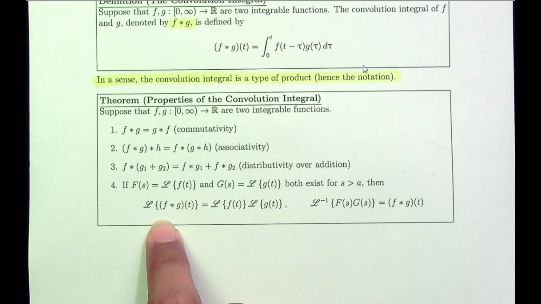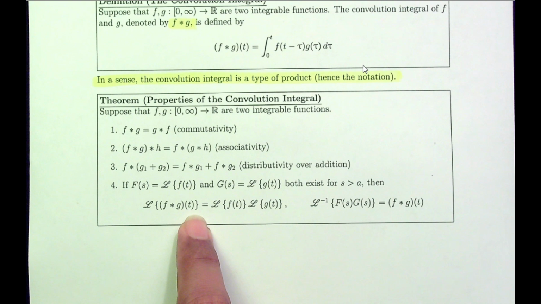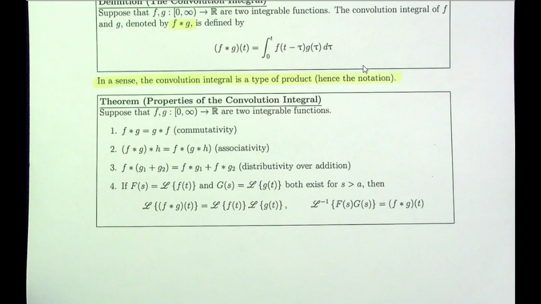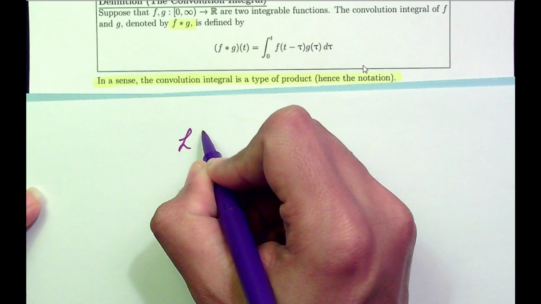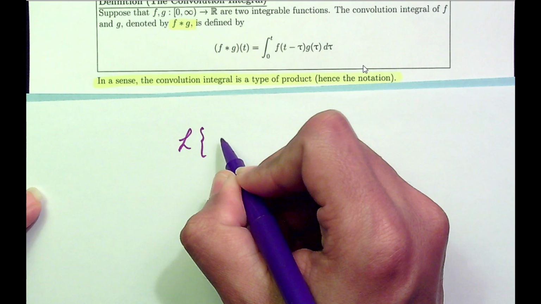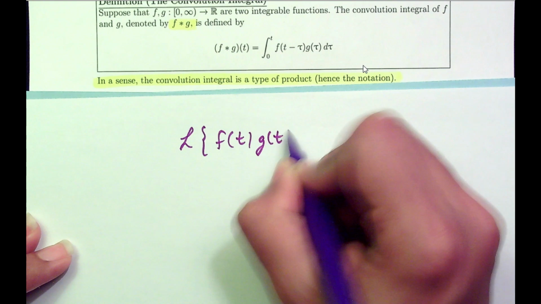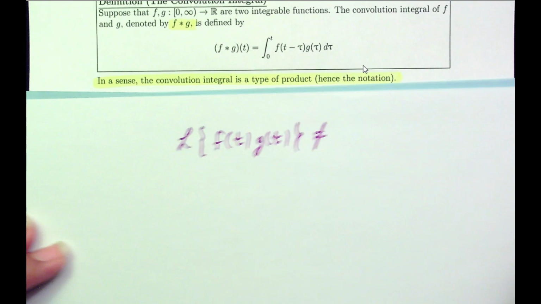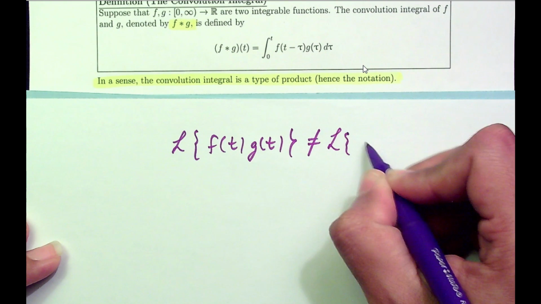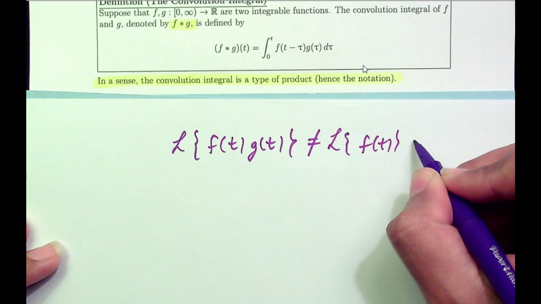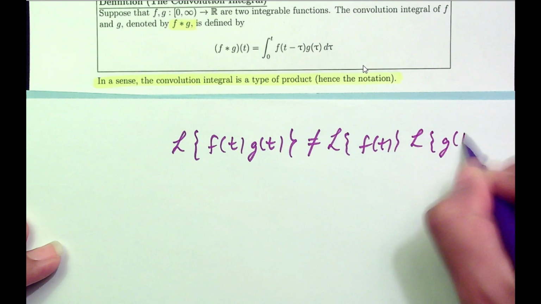if you find the Laplace transform of a convolution product, then that is the product of the Laplace transforms. So if you were trying to find the Laplace transform of two functions being multiplied together, that is not equal to the Laplace transform of f times the Laplace transform of g.